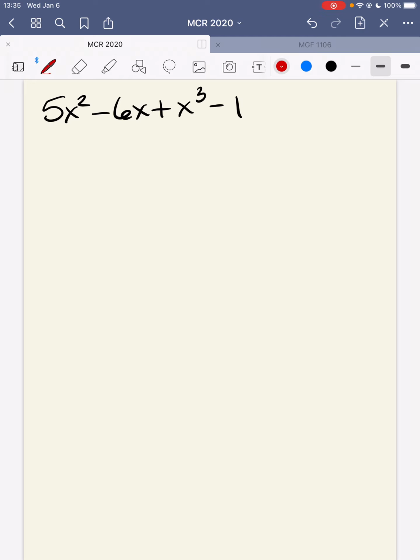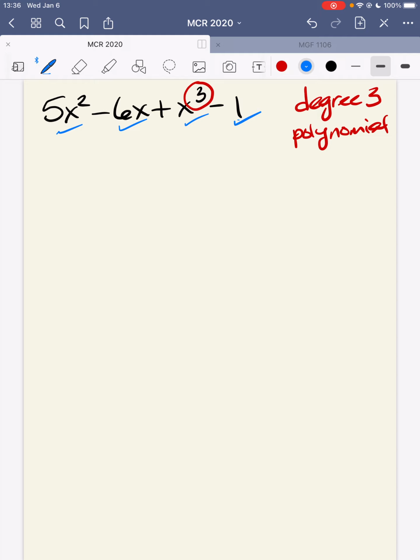All right, so as I'm looking at this polynomial, I see that my highest exponent is 3, so I know this has a degree of 3. Okay, so I don't have to worry about degree anymore. It has 4 terms, so it's just a polynomial. I'm looking at it, all my exponents are different. I have an x to the third, 5x squared, a 6x, and a 1, or 1x to the 0. So I can't combine any terms, so all I need to do is reorder it and get it in descending order.